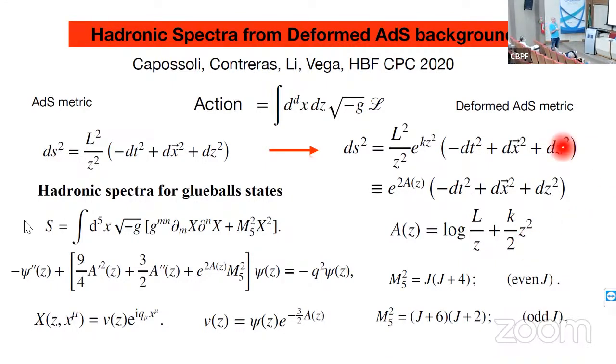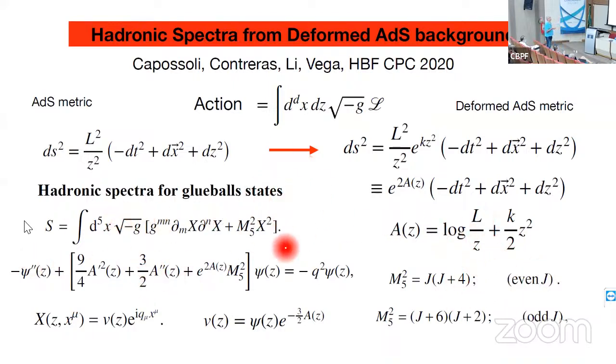With this model, we can find a discrete spectrum for all massive particles, which is not the case for the soft wall. In the soft wall, you need to do extra modifications to obtain this. Usually, we parameterize this warp factor and exponential through this function A, which will appear in many slides.